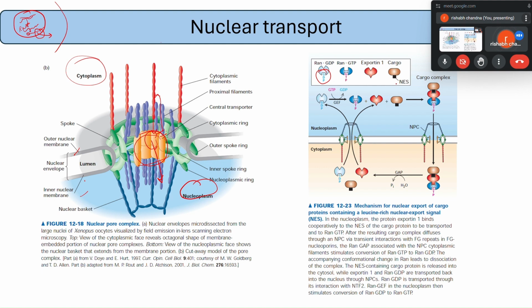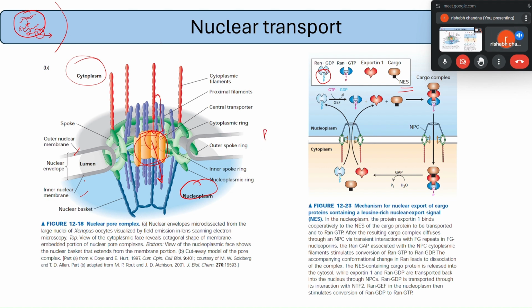Now here we have the nuclear exit signal. There are some FG repeats.